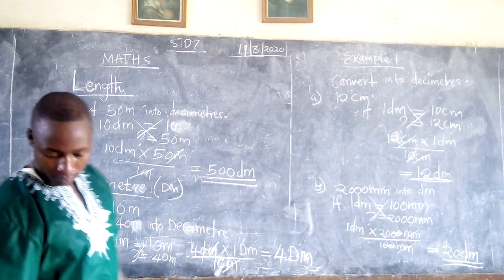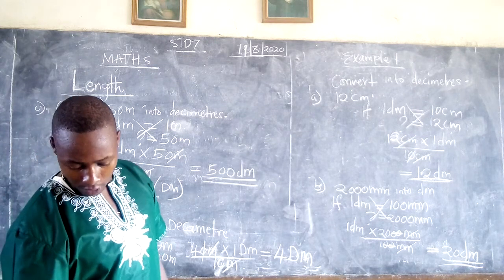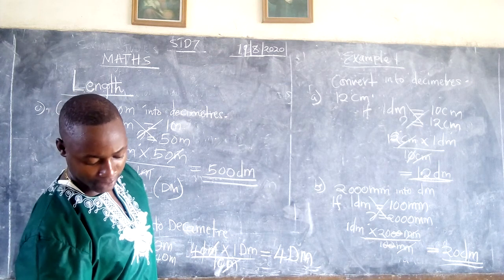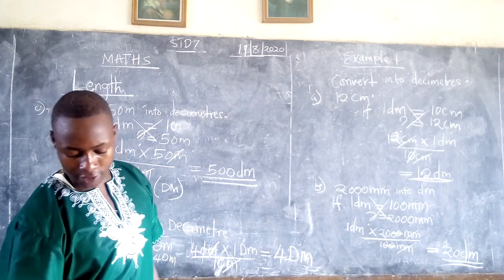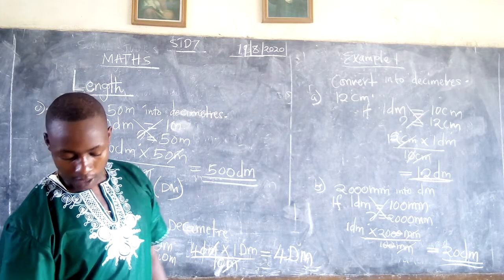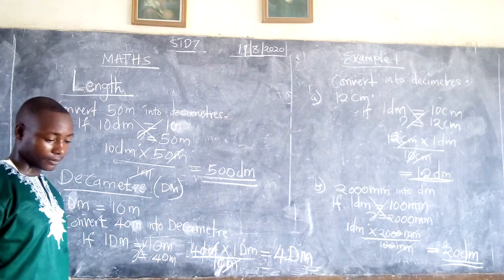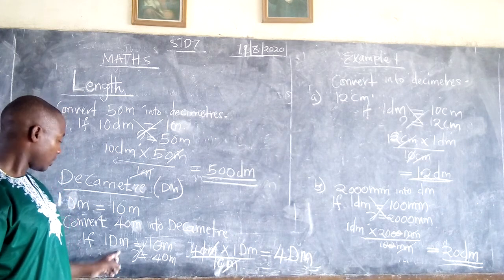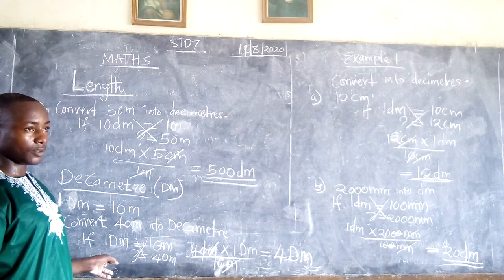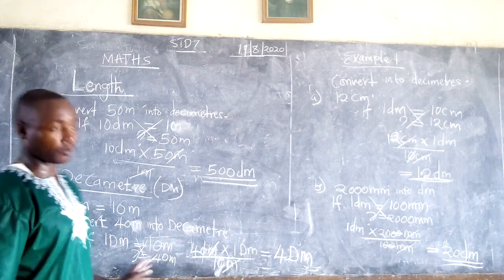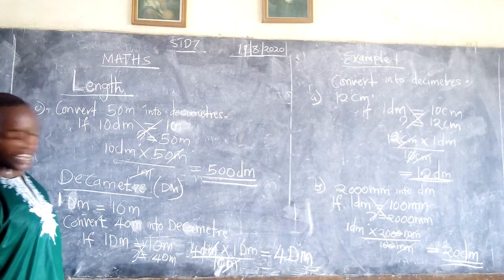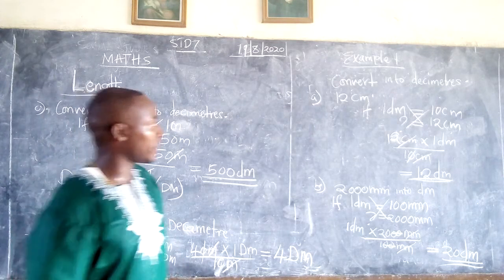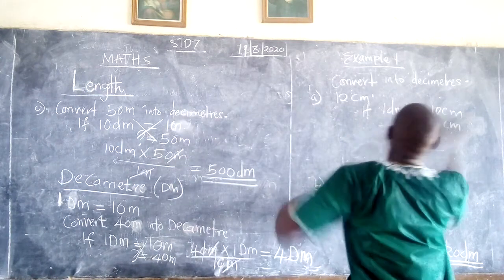Again, you should know how to convert. You can be given centimeters to convert into decameters. The first thing when you are given centimeters to convert into decameters, you should change the centimeters first into meters, then you convert later.